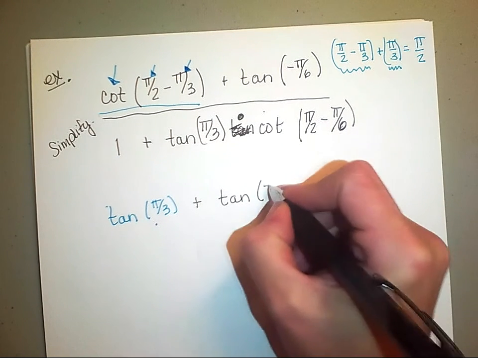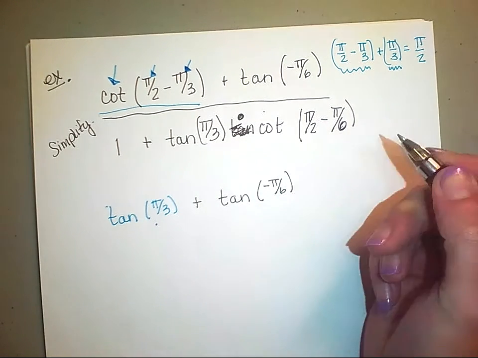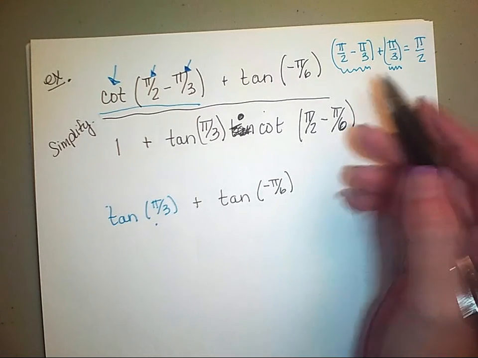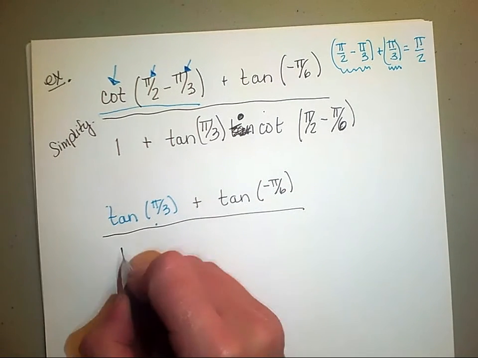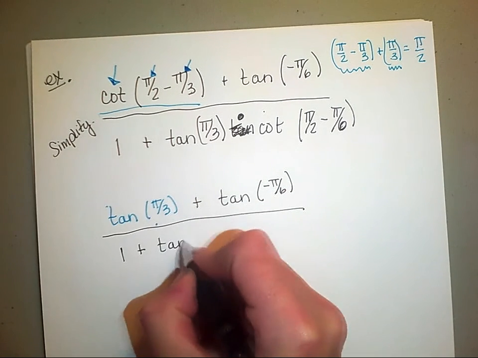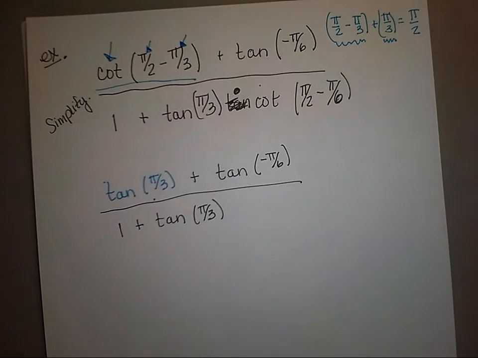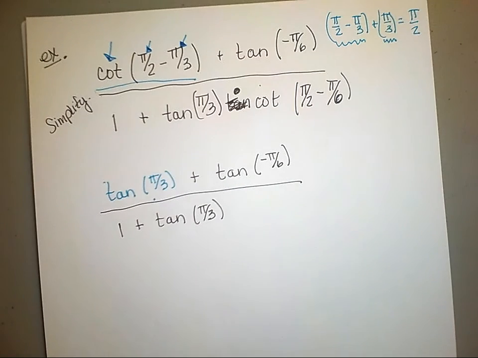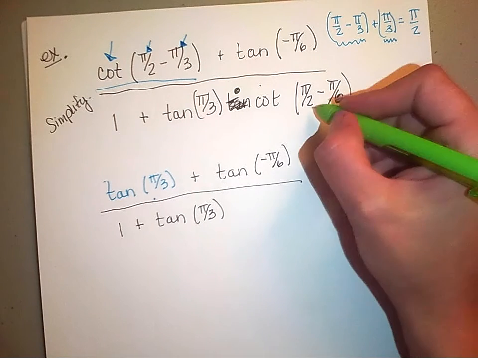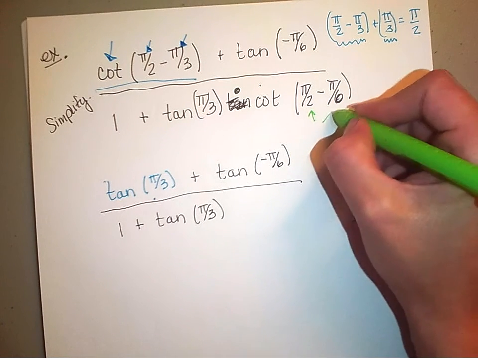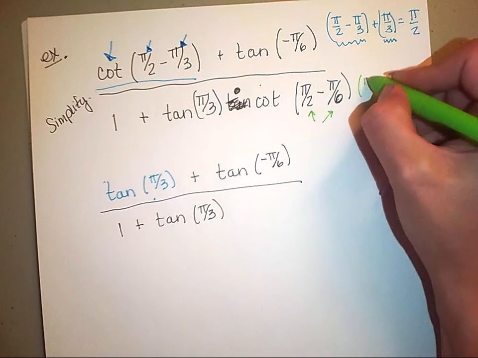Now plus the tangent of negative pi over 6, and divided by 1 plus the tangent of pi over 3. And here again we're in the same situation. Here I have a pi over 2 subtracting pi over 6.